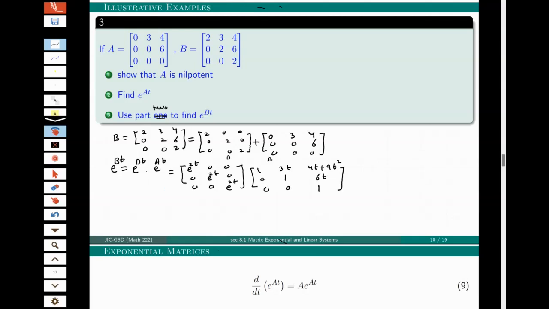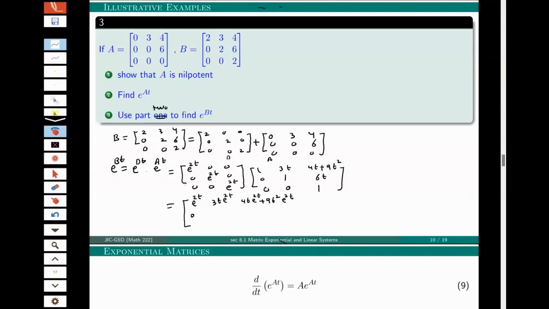When we multiply these two matrices, what will we get? We will get the first row times the first column, it will be e to the power 2t. First row times the second column, it will be 3t e to the power 2t. And the first row times the third column will be 4t e to the power 2t plus 9t squared e to the power 2t, and so on.